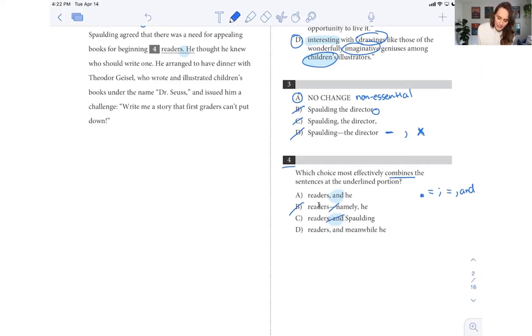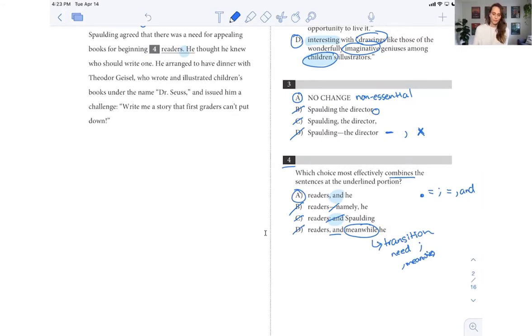And then D, we have comma and then meanwhile. So that's going to be a transition word, right? Smack dab in the middle of a sentence. And remember, when we have a transition word smack dab in the middle, we need a semicolon before it, or we need to set it off with commas. So it cannot be D. We're going to go with A here.